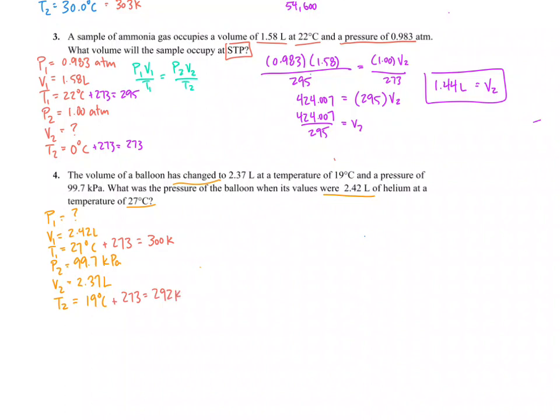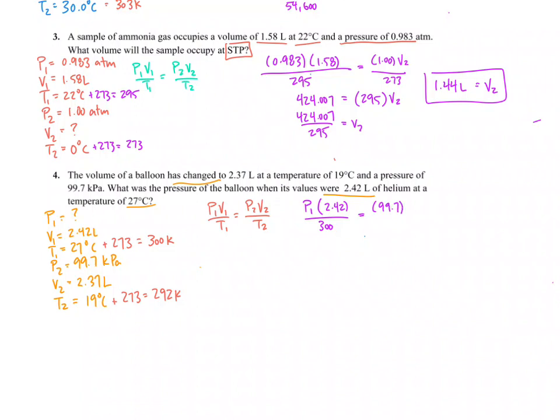Now we can start. So P1 V1 over T1 equals P2 V2 over T2. So my starting pressure is unknown. My starting volume is 2.42. And my starting temperature in Kelvin is 300. My new pressure is 99.7.